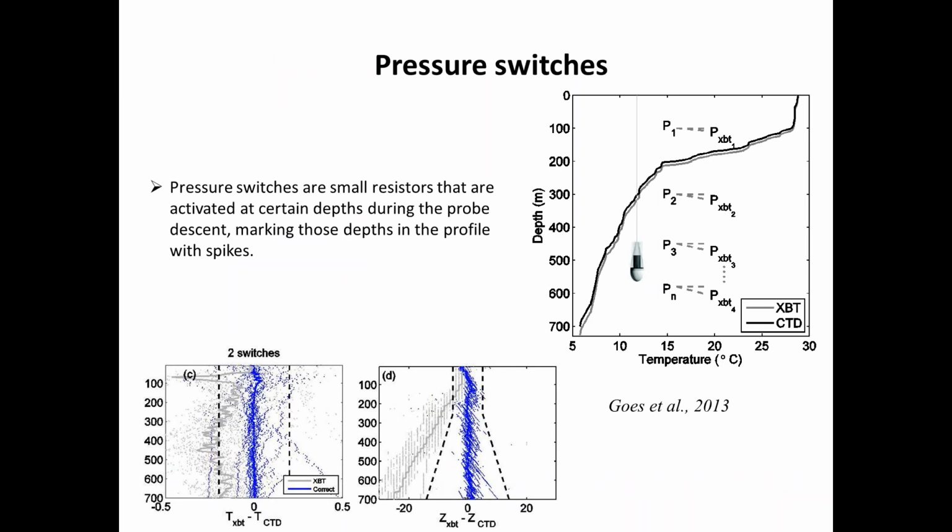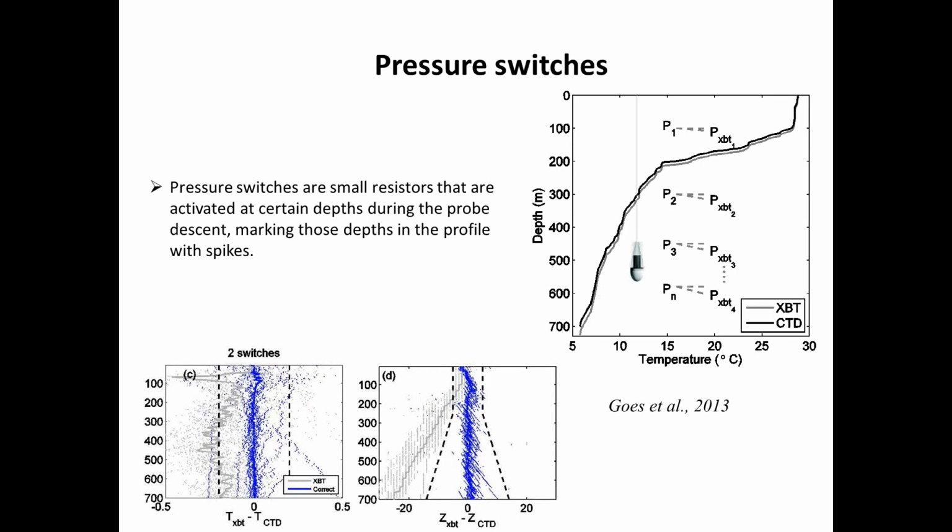One of the studies we had is on correcting the depth by including pressure switches. One or two would be, as our study showed, the best way to correct the depth bias. With two pressure switches, we can correct the depth bias really well.